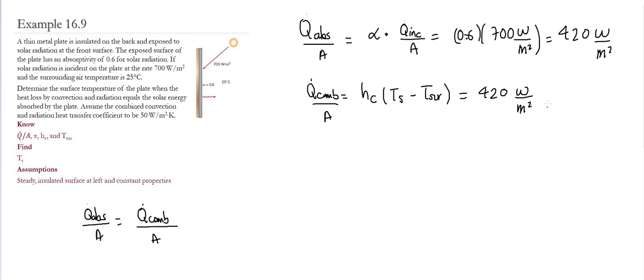Now we solve this equation for Ts. So we simply find that Ts is simply going to be the 420 watts per meter square divided by the combined heat transfer coefficient, which is 50 watts per meter square Kelvin, plus the surrounding temperature.